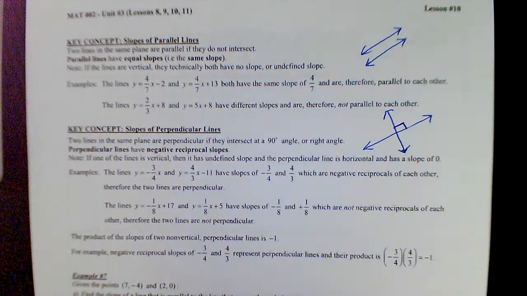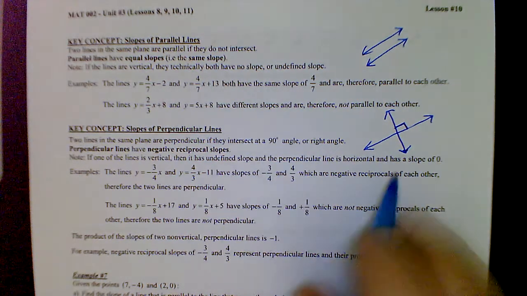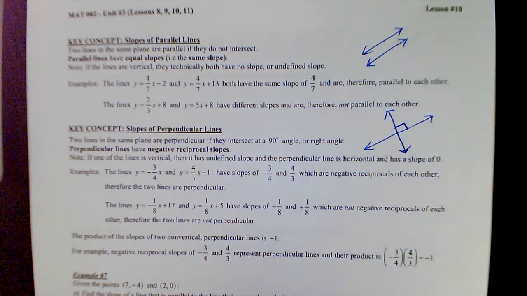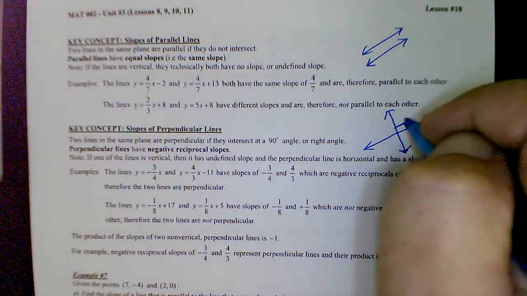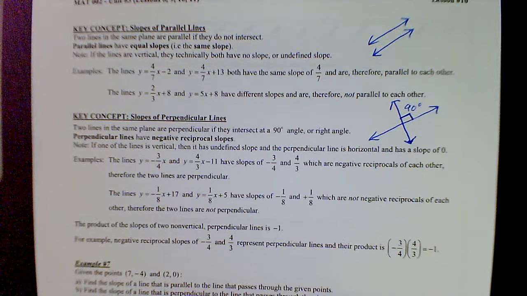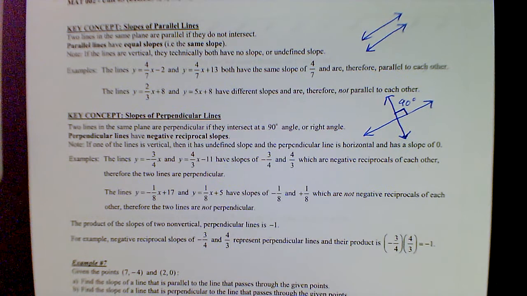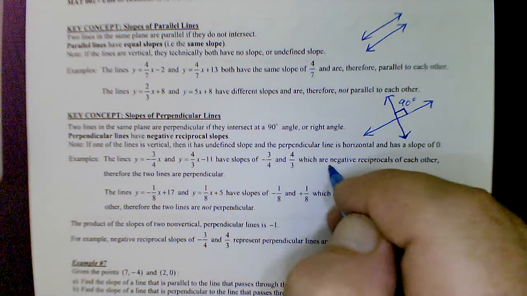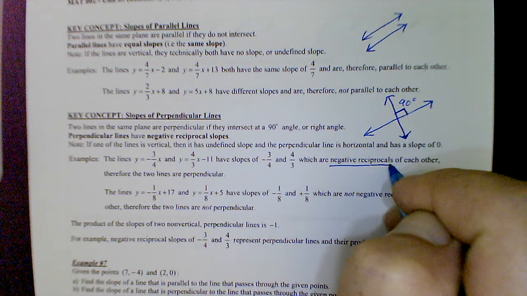So there's a 90-degree angle. Recall from the Pythagorean theorem, we use the little box to represent the 90-degree angle here. So that's perpendicular. And the easiest way to remember the relationship between perpendicular lines is that they are negative reciprocals.